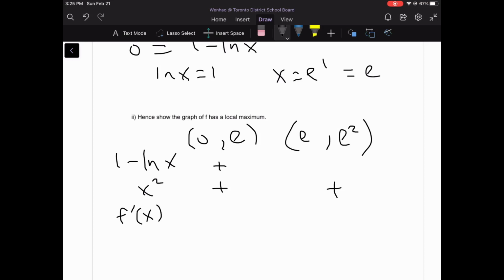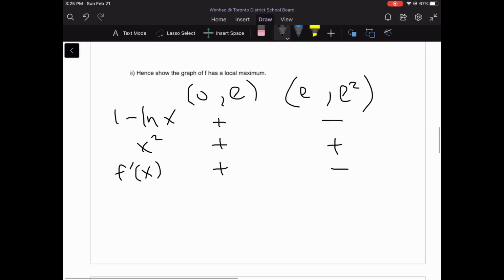It's in between 1 and 2. So 1 minus something that's greater than 1 is negative. So f prime of x is positive from 0 to e, and negative from e to e squared. And since it goes from a positive slope to a negative slope, that means that there is a local max at x is equal to e.